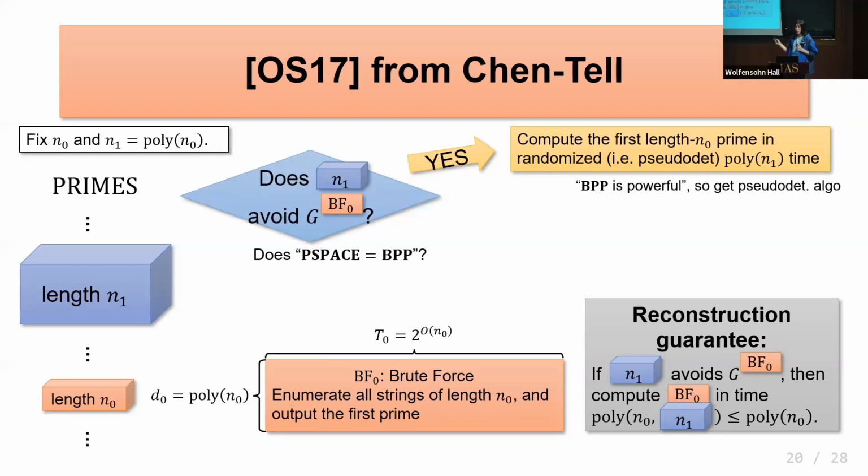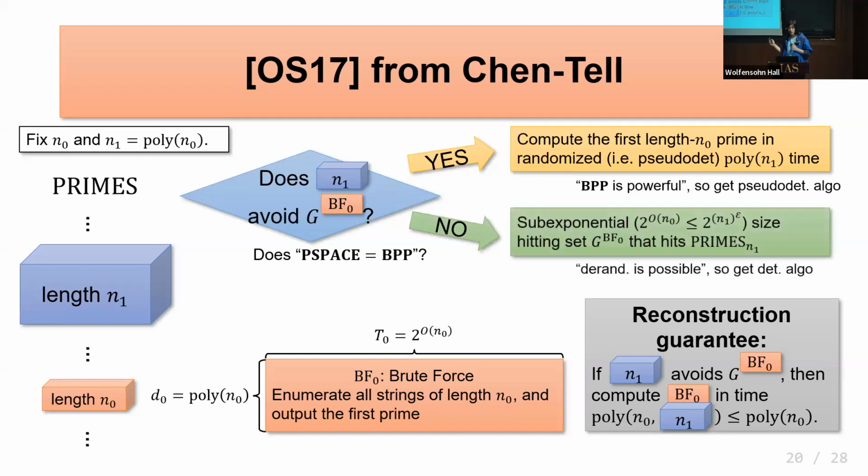So in this case, we are good. If it doesn't avoid, then we get a hitting set generator, which is Chen-Tell on brute force 0, that has sub-exponential size and hits primes on length n1. Sub-exponential is because 2^{n0} is sub-exponential in n1.